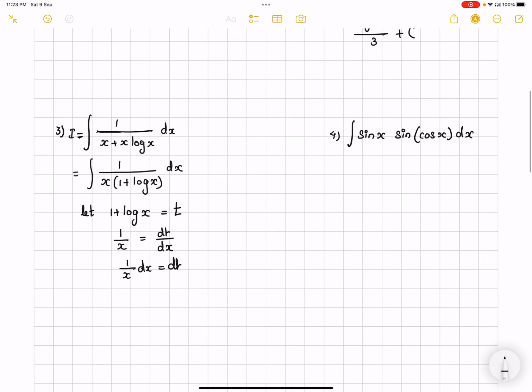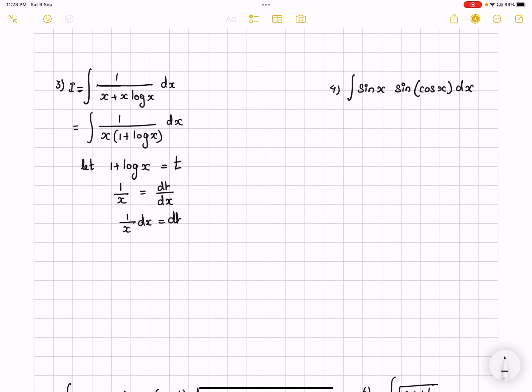Now the entire I which is in x would be changed completely to t. See here, I is going to be equal to 1 by t, and then I have dt because dx by x is nothing but dt.